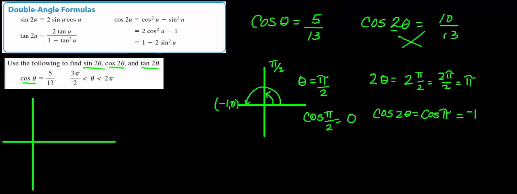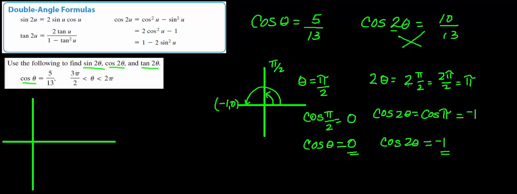Notice that the cosine of theta, which is pi halves, is 0, while the cosine of 2 theta is -1. You don't get the same answer. That's why you can't assume that the double angle will be just the double amount of what is given. So be careful with that.